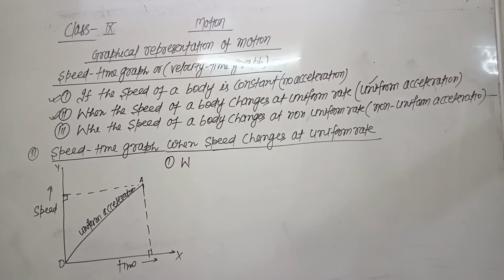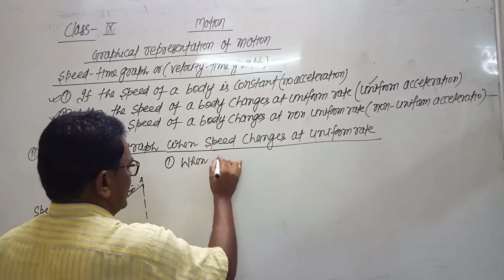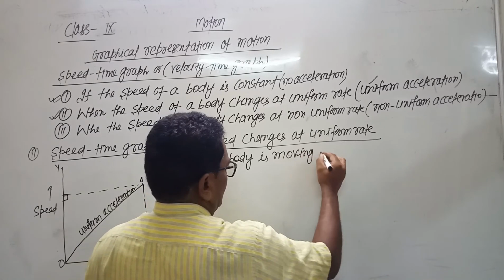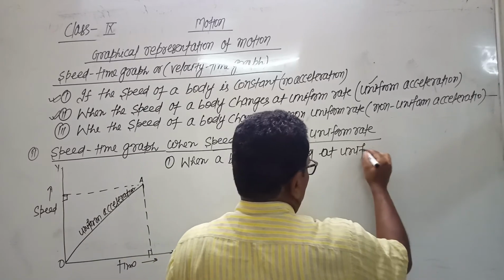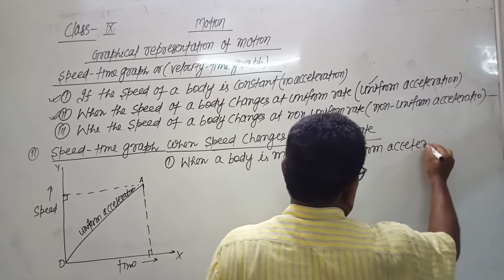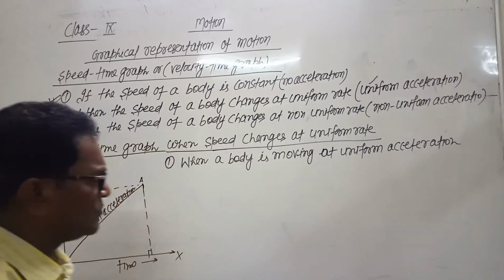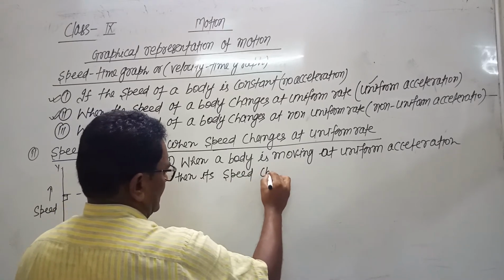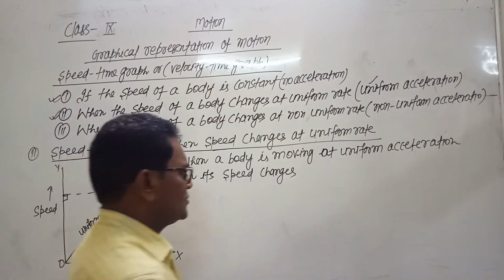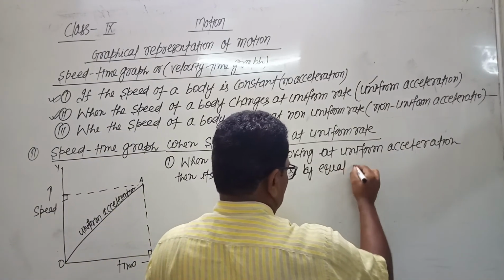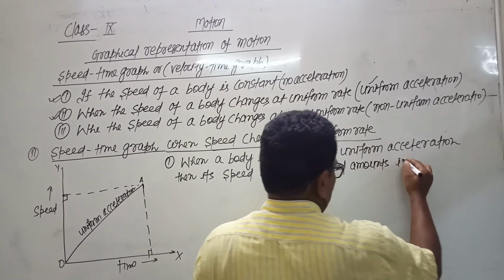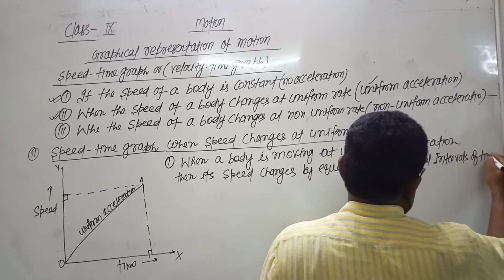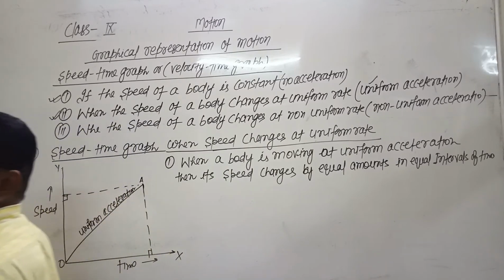So when a body is moving with uniform acceleration, its speed changes by equal amounts in equal intervals of time.